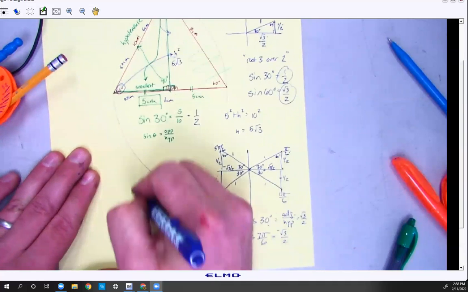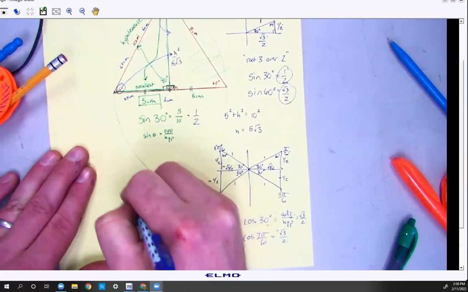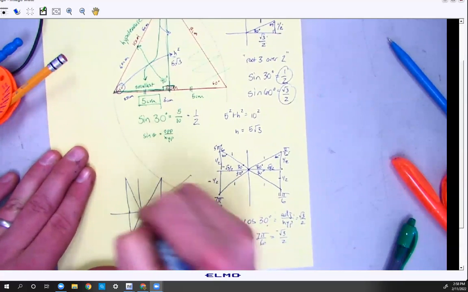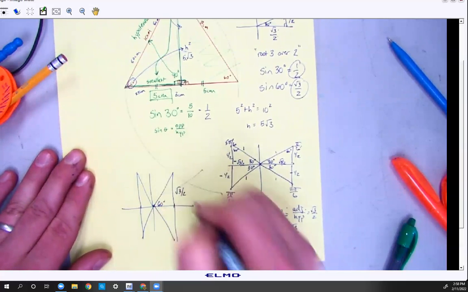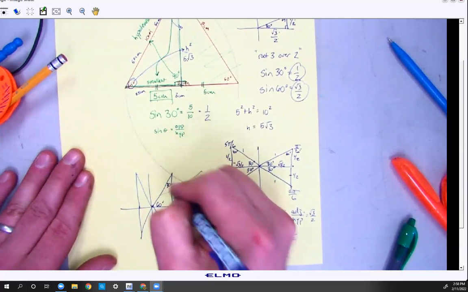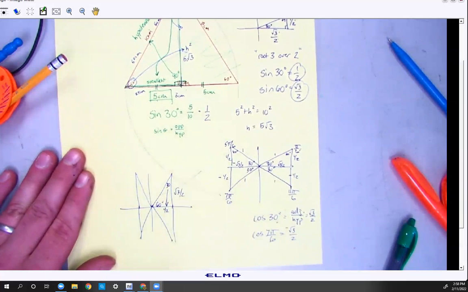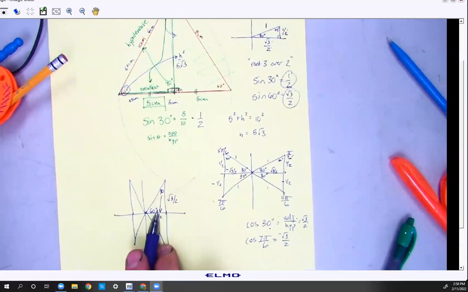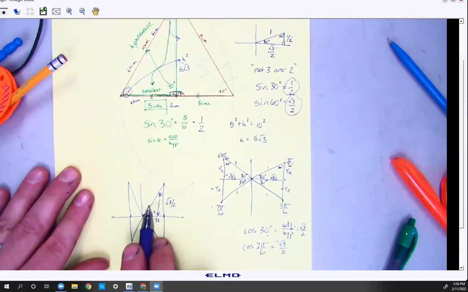Now, if we do the same thing with 60 degrees, opposite 60 degrees is root 3 over 2, and next to 60 degrees is the side that's opposite 30. It's a half. So the sine of 60, how is the side opposite 60 related to the hypotenuse?